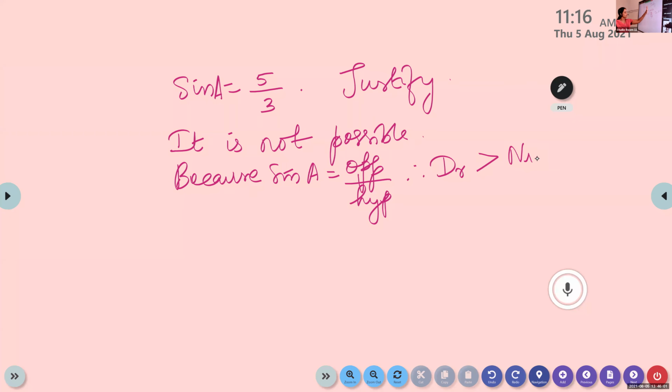The question will be simply this much. Is it possible? Justify. Justify means you have to give the answer. Why is it not possible? Is it okay?